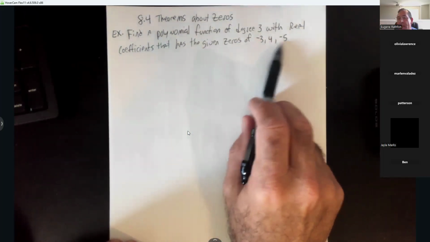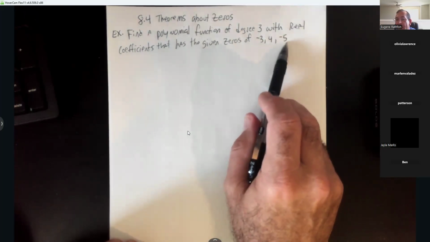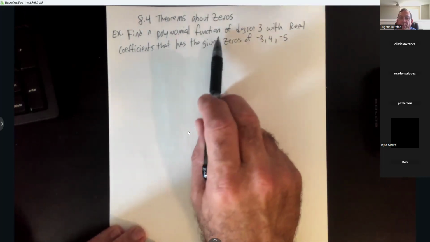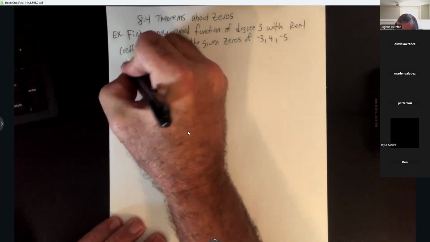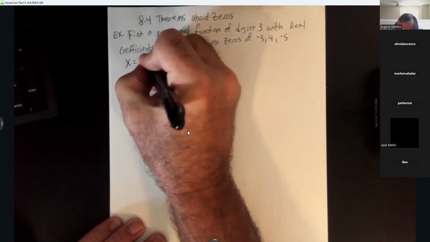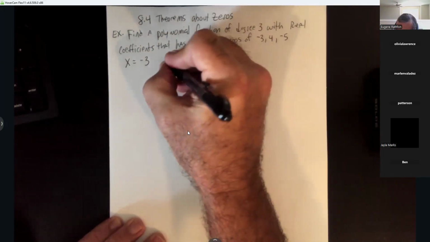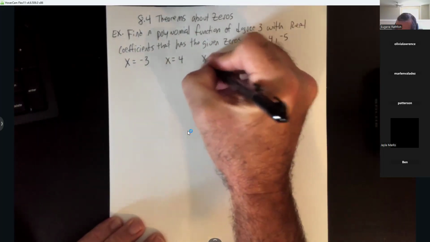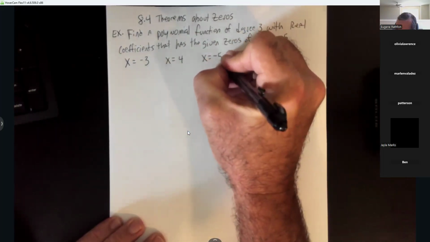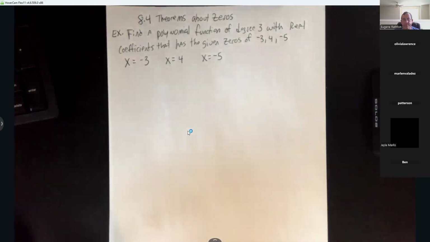So if these are the zeros, that means that these are the solutions of this polynomial. So since they're the solutions, that means x equals -3, x equals 4, and x equals -5.